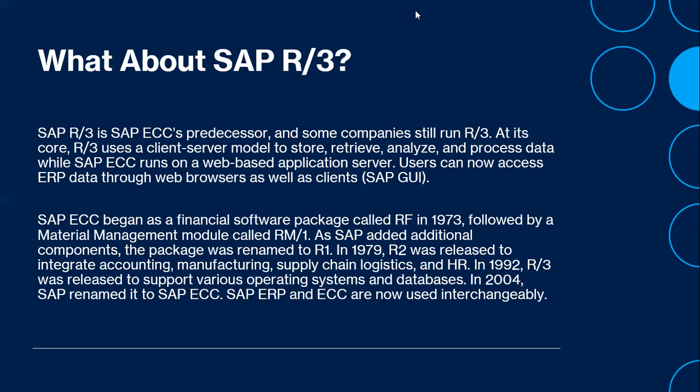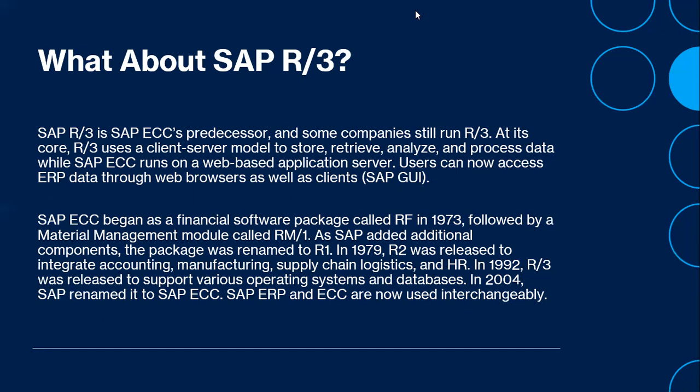If you go through the history, R3 was a financial software package called RF in 1973, followed by, of course, finance is always the core of every software package, because every software will have to run through the finance module at its core, which is the general ledgers.